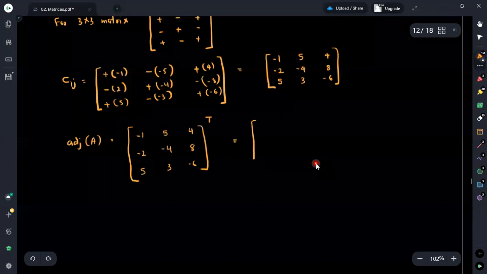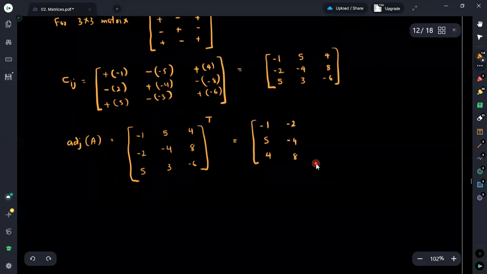Then we write the transpose matrix: minus 1, minus 2 and 5, then 5, minus 4 and 3, then 4, 8 and minus 4.